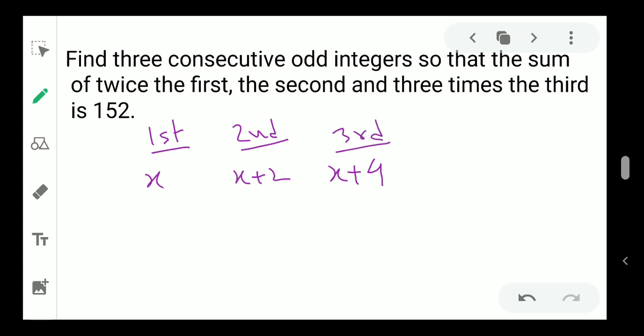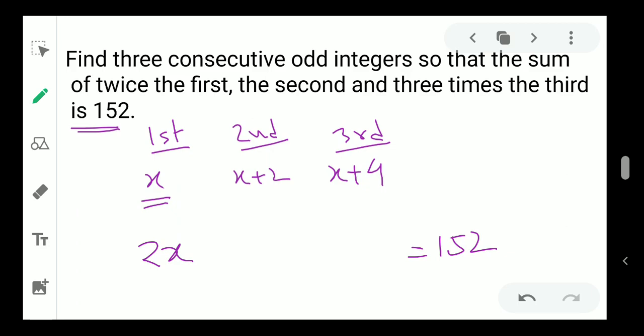Now let's look at the reference given, 152, so that is my right hand side. Now the condition I will put. See, the sum of twice the first, so the first I have to make it twice, that means 2 times of x, that is 2x, right?